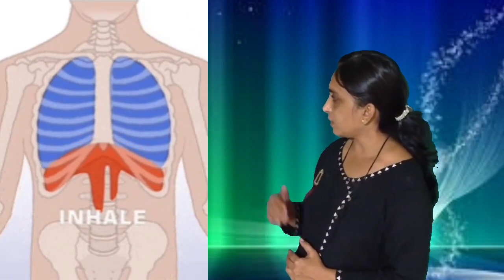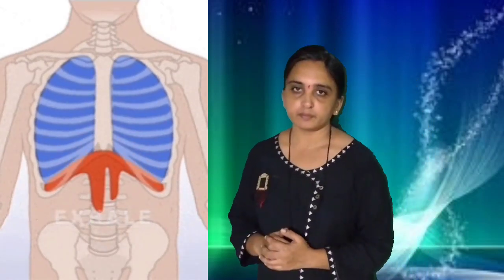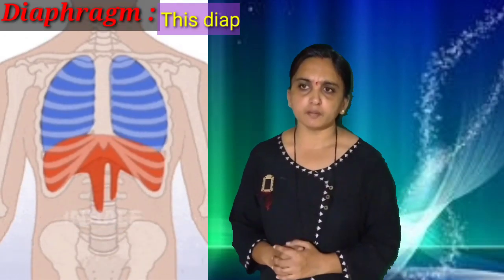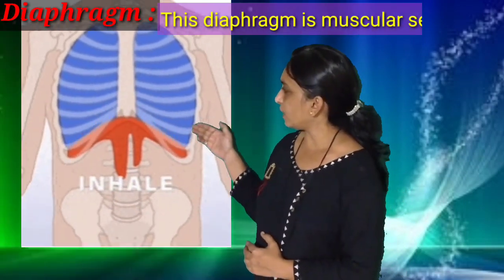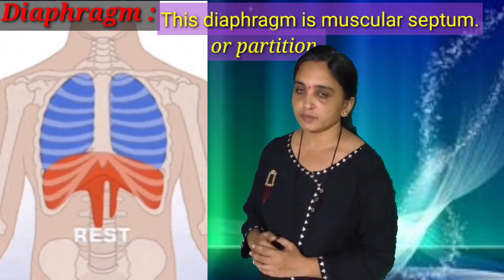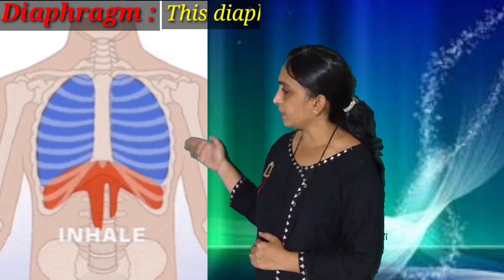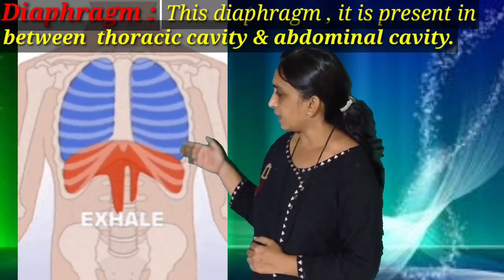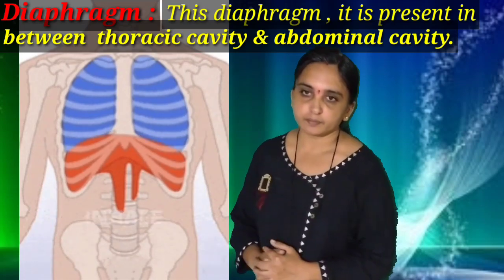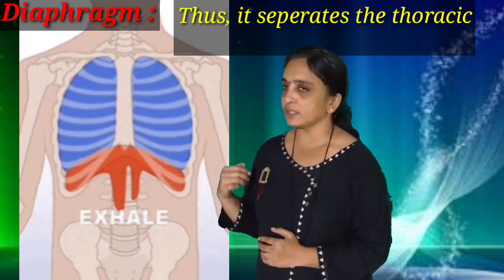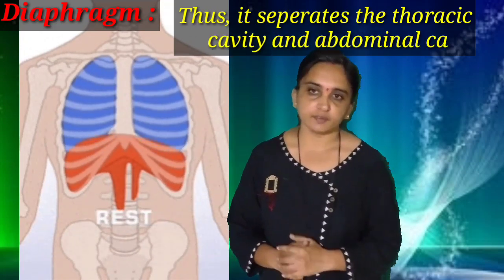Now, the last part of the human respiratory system is the diaphragm. This diaphragm is a muscular septum or partition. It is present in between the thoracic cavity and abdominal cavity. Thus, it separates the thoracic and abdominal cavity.